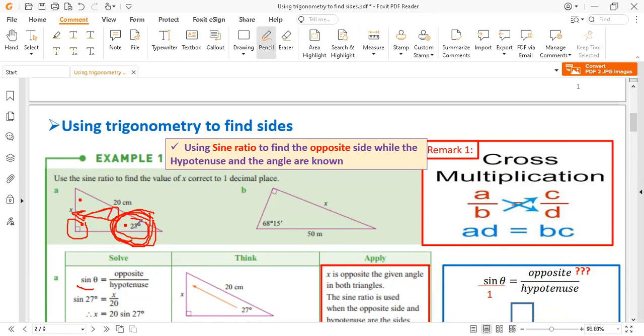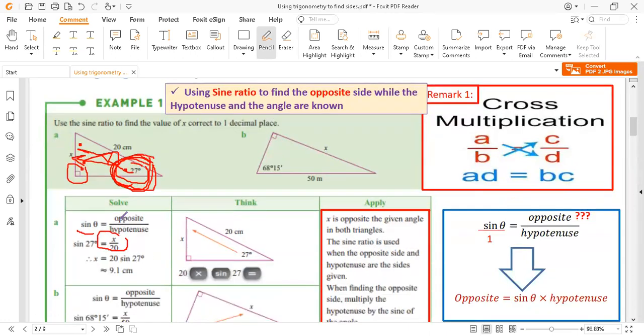So the side opposite to this angle is x, over the hypotenuse, 20. We want to find the unknown, the variable x, the measure of the opposite side. It is an equation because we have an equal sign.